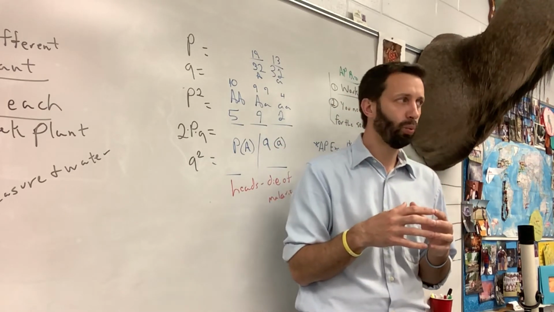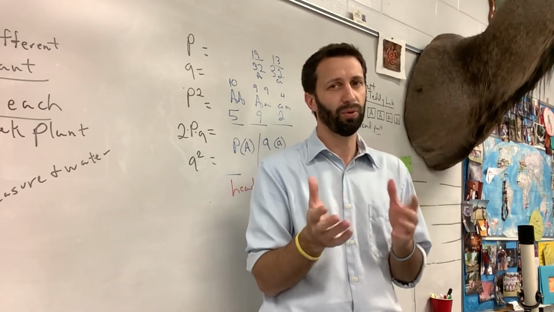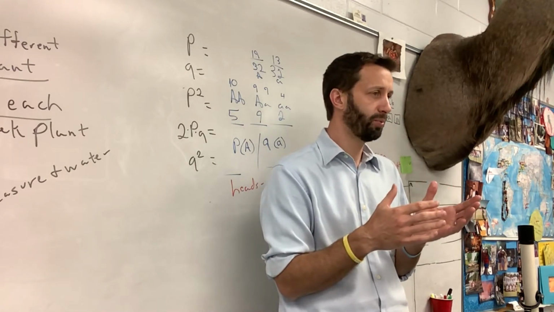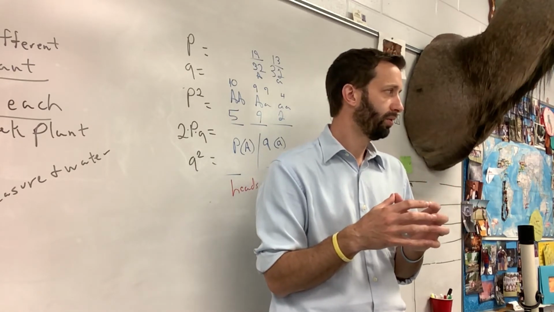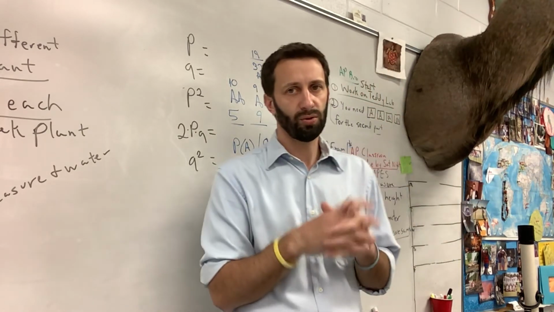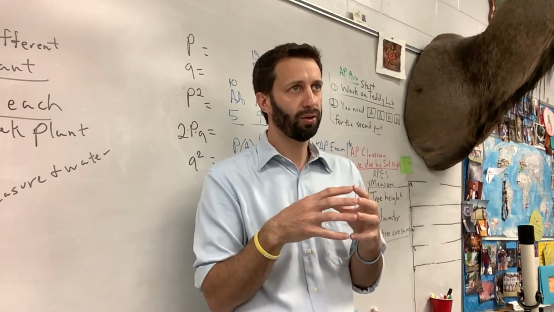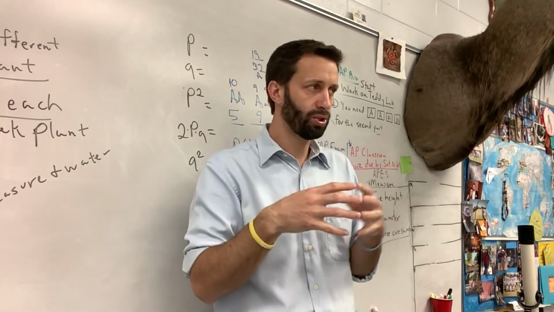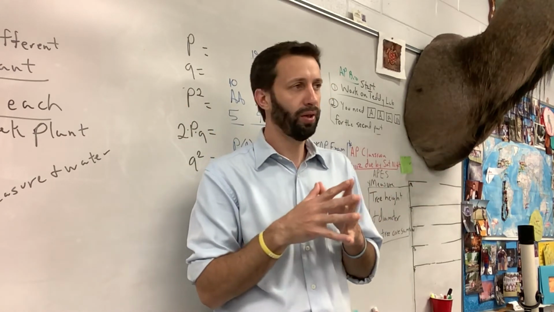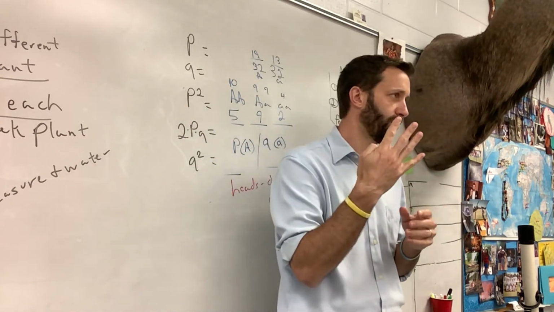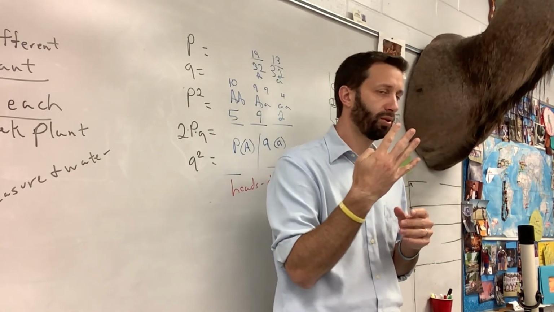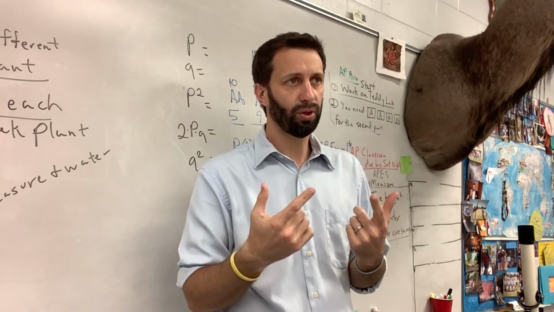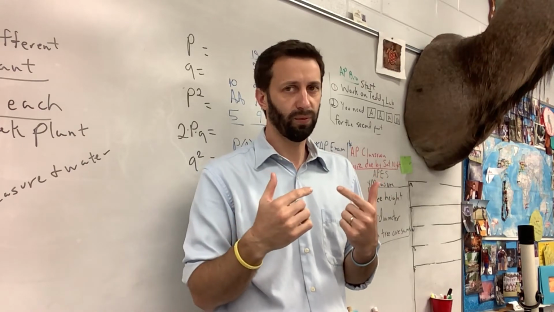And one of those that we don't have, especially in here, and we really didn't have with 16 people in first period, is what? Large population. And so the smaller the population, the more likely you are to see a variation or change in allele frequency. And we call that genetic drift.